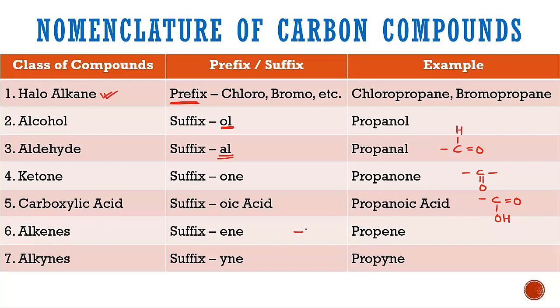Alkenes are double bond and alkynes are triple bond, and we already know this. So these are the basic list of nomenclature, and these are the most fundamental nomenclatures that we have to look at primarily. Now let's see a couple of examples based on this.